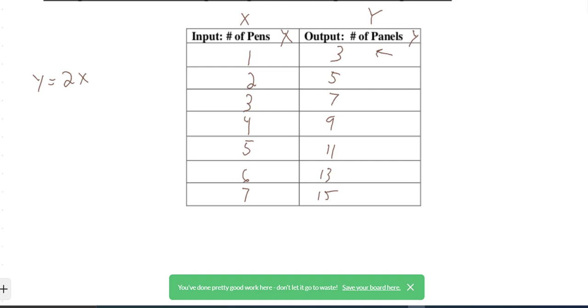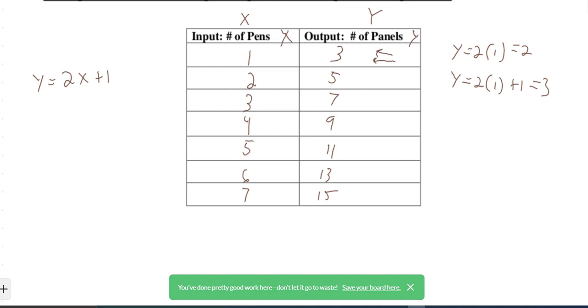If I put in a 1 for x, that would just leave me with 2, but I need 3. So I need to add a plus 1. Now this would work: y equals 2 times 1 plus 1 equals 3.